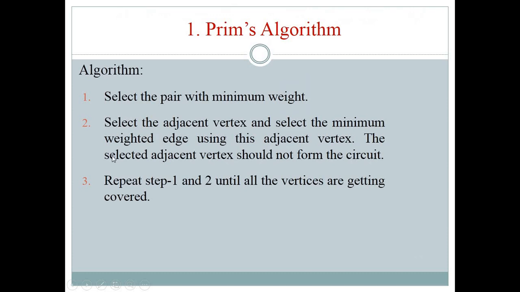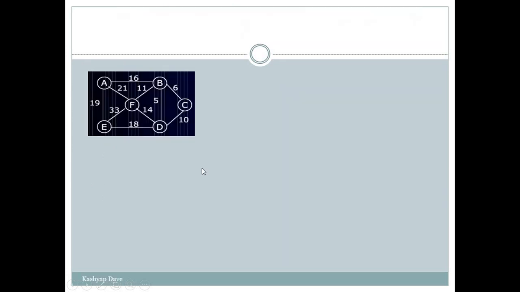After that, our second step says we have to select an adjacent vertex and select the minimum weight edge using the adjacent vertex. Okay, so in this figure, with B and D, our adjacent vertices are A, F, E and C. We can connect B to A directly, so A is an adjacent vertex of B.